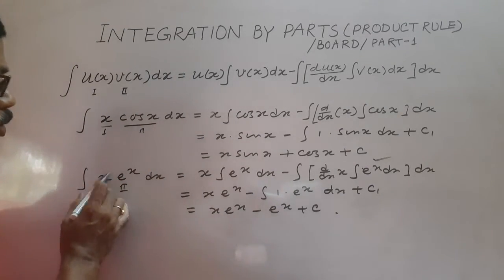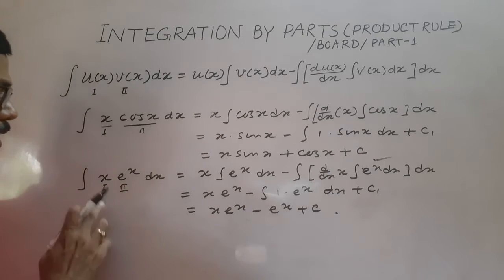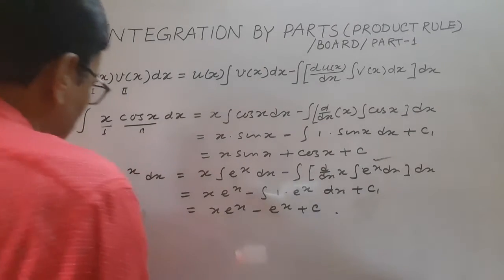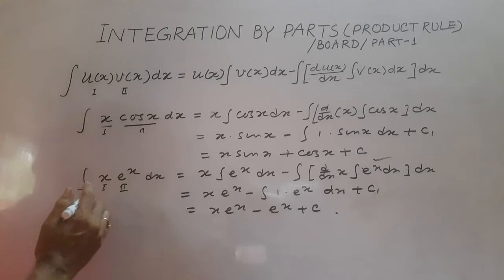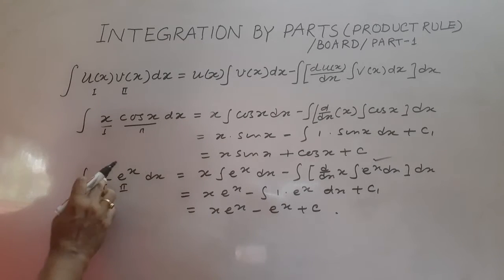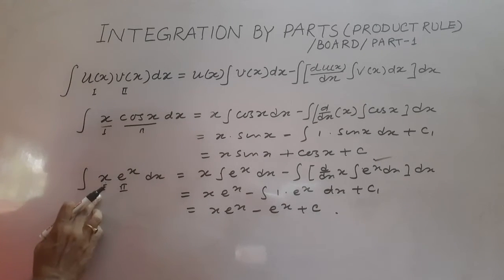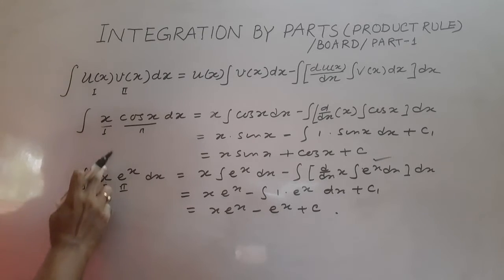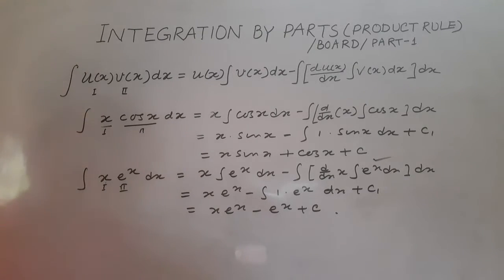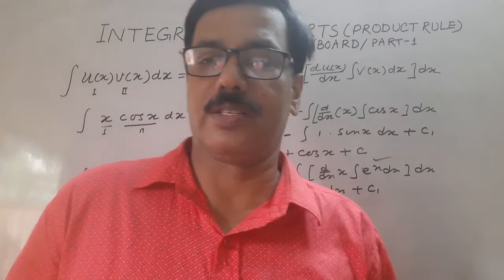There are two functions, x and e to the power x. If we differentiate x, it will be 1. That is why we are taking x as the first function.